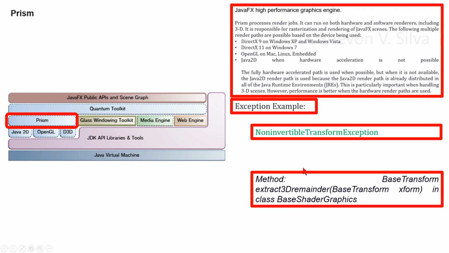As an example, we can consider this NonInvertibleTransformException. This can occur from BaseTransform.extract3D, remainder BaseTransform.xform method in class BaseShaderGraphics.